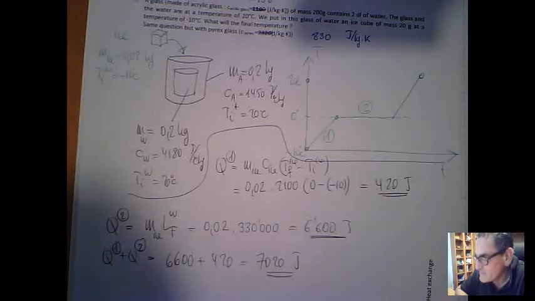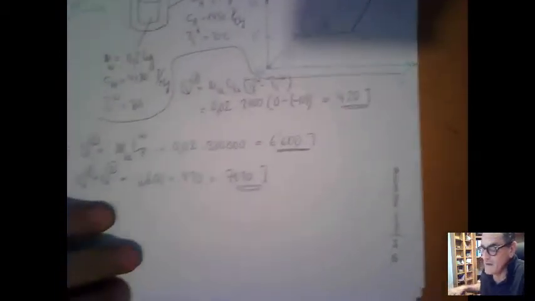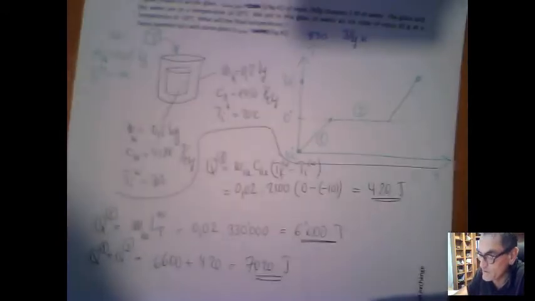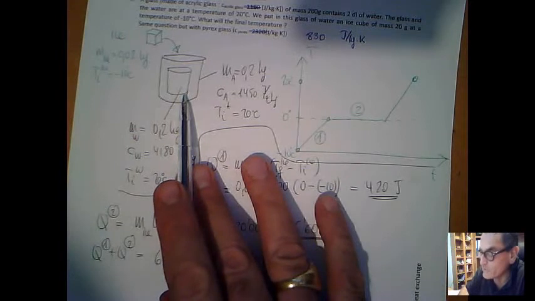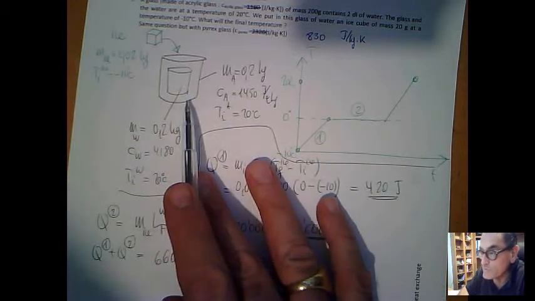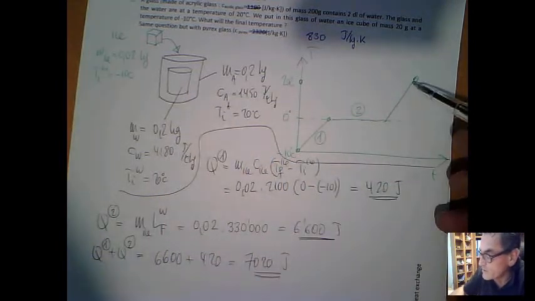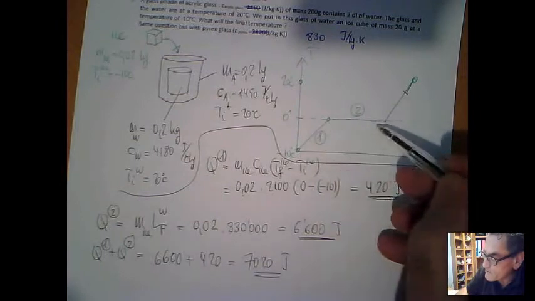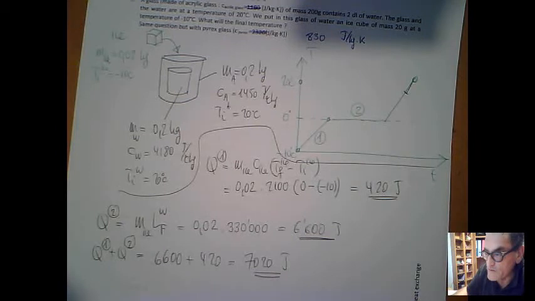And the water and the glass now will provide this energy which the ice uses. The glass and the water are going to become colder by an amount proportional to the energy that they are giving to the ice.